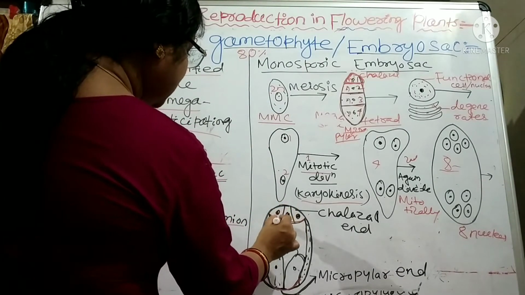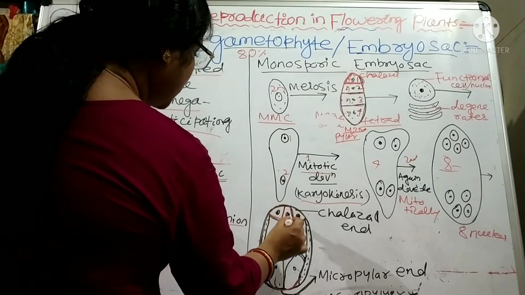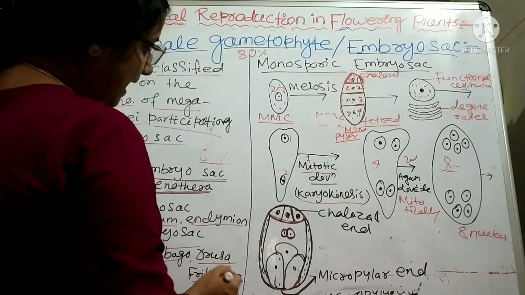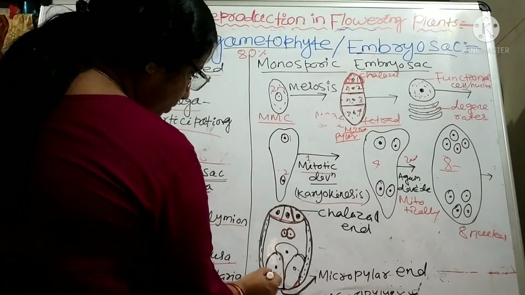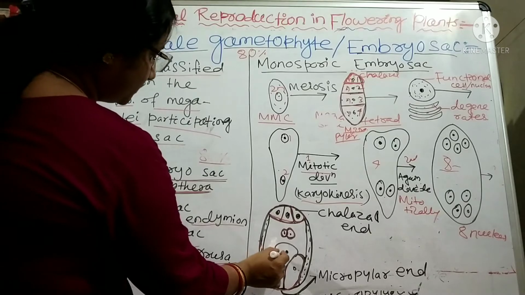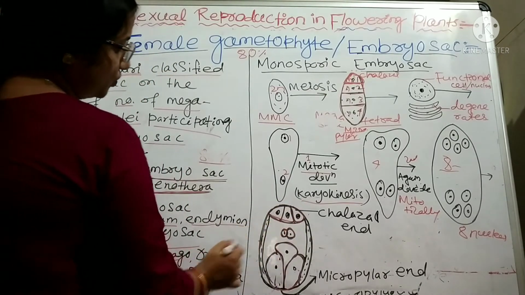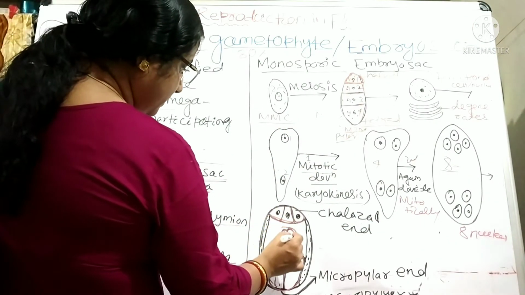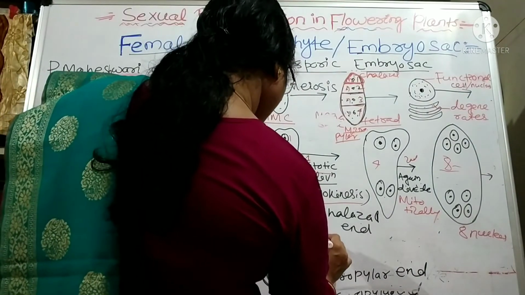In the chalazal end, 3 nuclei are surrounded by cytoplasm, and in the micropylar end, these 3 are also surrounded by cytoplasm. The 2 present in the center are surrounded by a single cytoplasm and are known as polar nuclei.